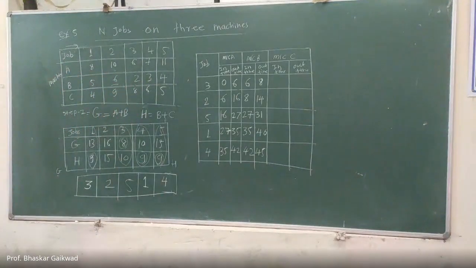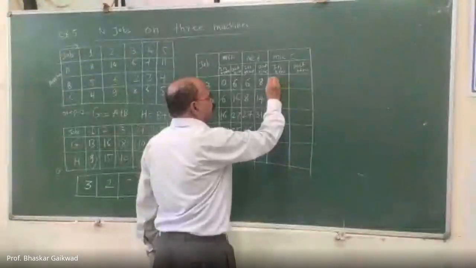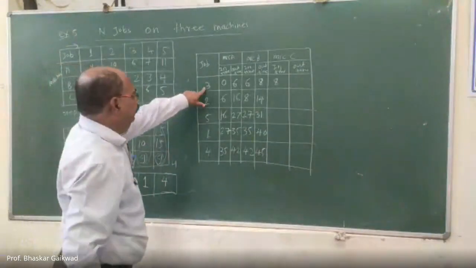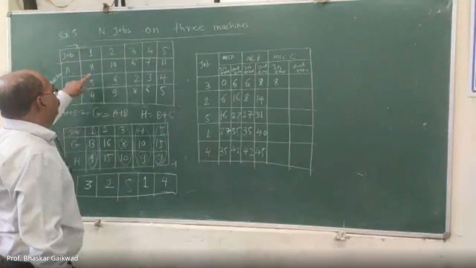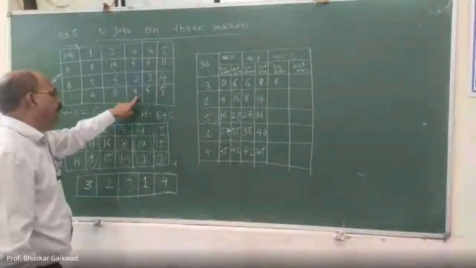Okay. Now we will move on to machine C. So once these jobs come out, immediately we have to process on machine C. Now job number 3, machine C, processing time is 8.